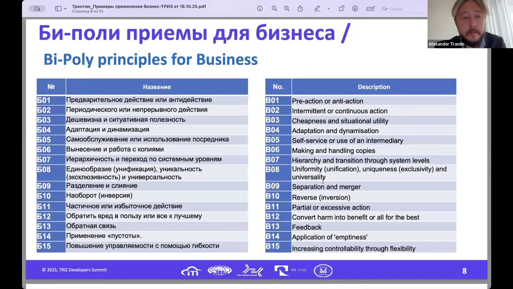So, bipolar principles for business. 15 of them, they are adapted for businesses, different from those that are applied for engineering.